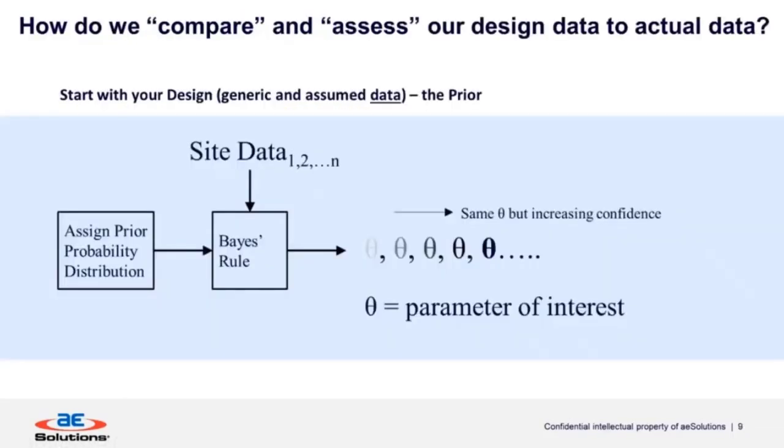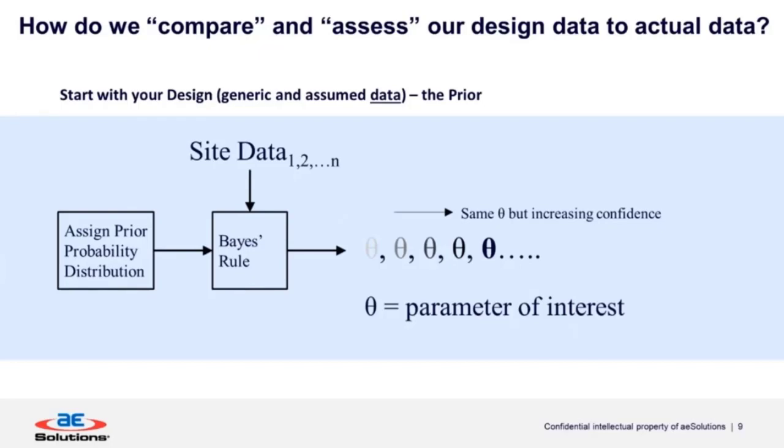Now, as a sneak peek, this is kind of the big reveal here in the middle of the slideshow. How do we compare and assess our design data to actual data? Well, what we do is we take our generic data that we've assumed in design from our generic data tables, and some are better than others. You may have a great generic data table from your company that's collected all kinds of data from around your sites, and you really trust it, and that's awesome.